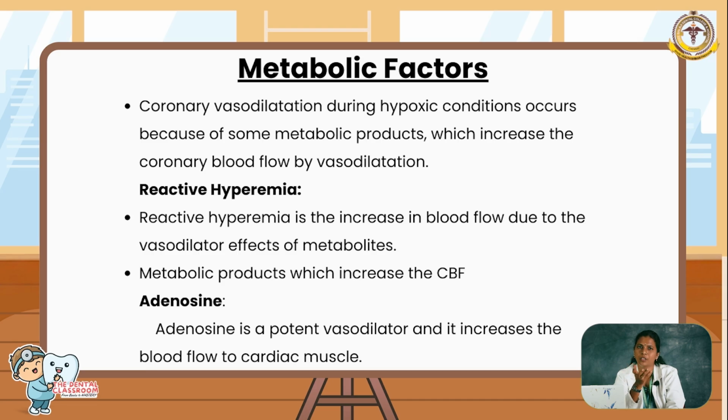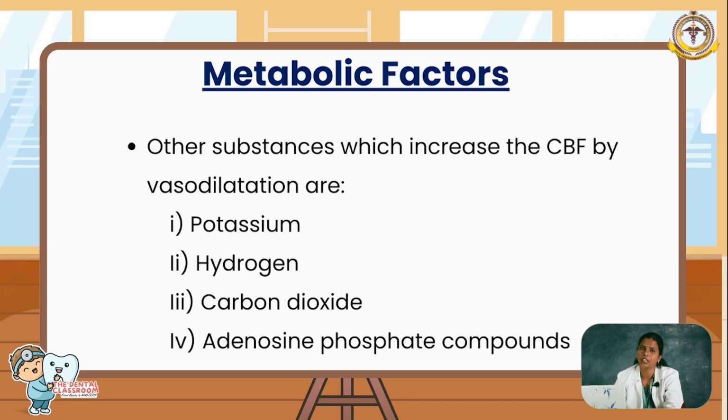This ADP is a potent vasodilator which will wash off all this lactic acid. This whole thing is called the Berne effect. So adenosine is a potent vasodilator. It washes off the metabolites and increases the blood flow to the myocardium. Other metabolite examples are potassium, hydrogen, carbon dioxide and adenosine phosphate compounds.